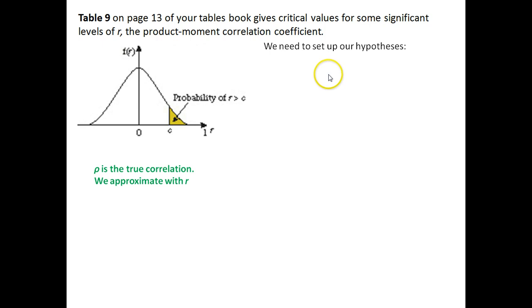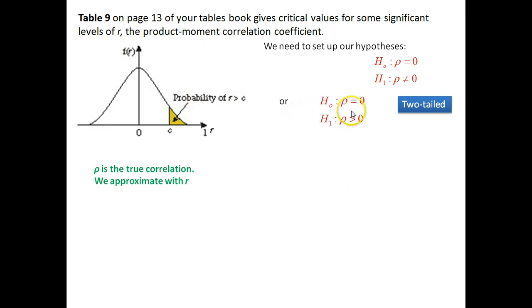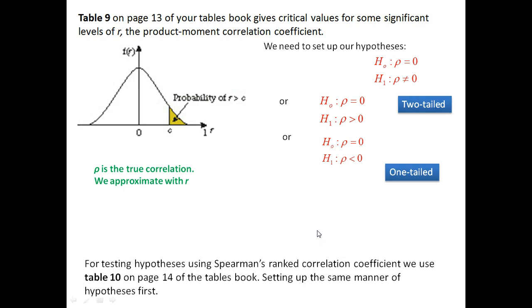We need to set up the hypotheses first. We say rho is 0 against rho not 0, which is two-tailed, so both sides, or rho is 0 against rho greater than 0, being positively correlated, or rho is 0 against rho less than 0, and both of those would be one-tailed tests.